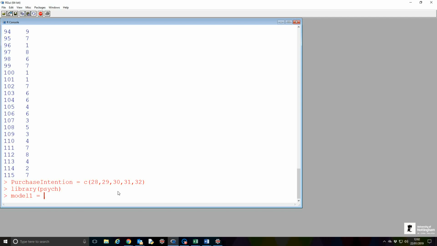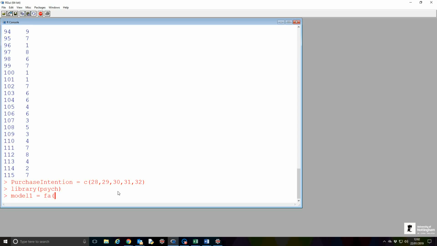And so we're going to use this little function in psych called FA. So factor analysis. So you could, if you really wanted to, write psych::fa. And what that would be saying is from the package psych, use this function FA. But because we've only got psych loaded, we don't need to do that.